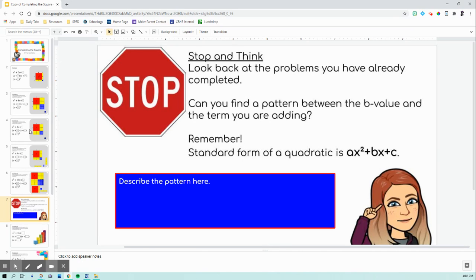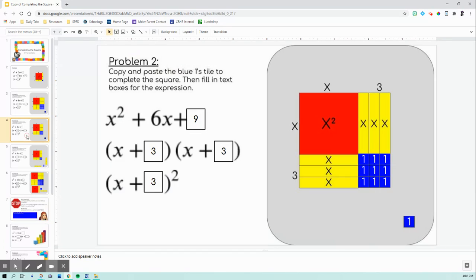So let's go back to one of our previous problems. I'm going to choose problem number 2. Here, to create our square, we had to take this b value of 6 and we divided it by 2. So we knew we had to put 3 x's on each side.